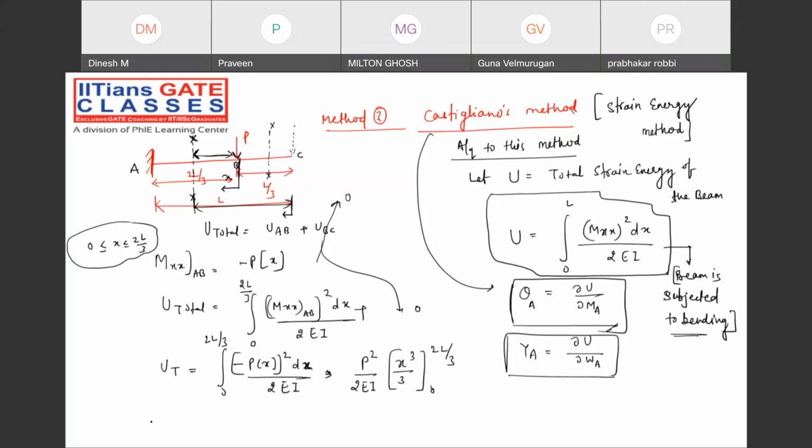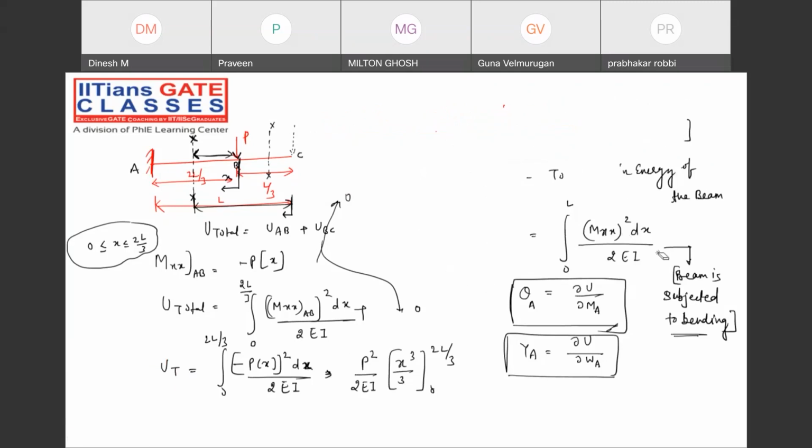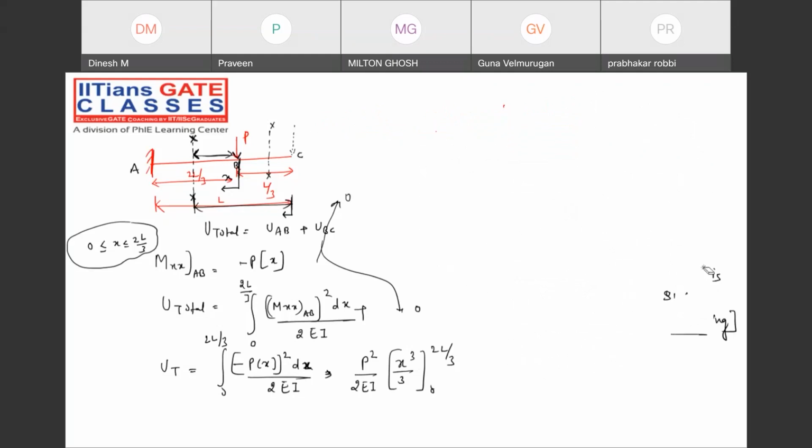So what is the total strain energy? Let me just remove this part. What will be the total strain energy in this particular case?